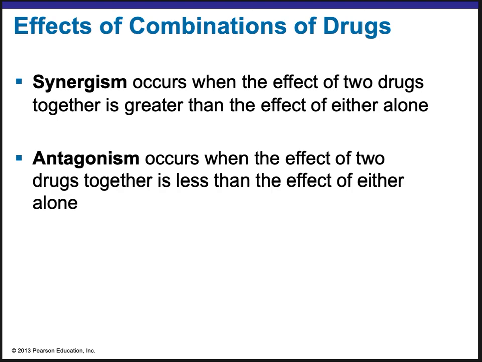But if you have a small amount of drug A and a small amount of drug B, you get the same really good treatment without the side effects, right? So that's one possibility. So synergism just simply means that the 2 drugs work better together than either one is capable of alone. Antagonism is when you have 2 drugs that interfere with each other, and so they become less effective than if you were to take just one of them.